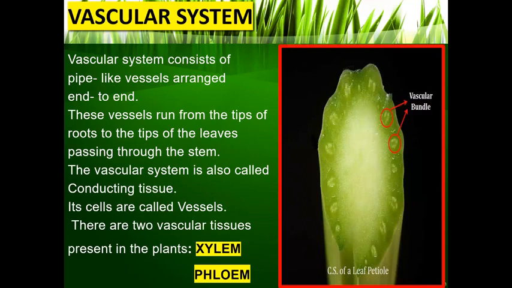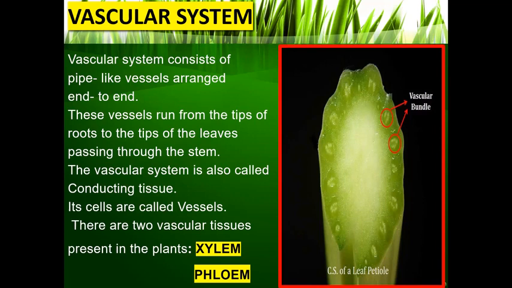Vascular system. Plants have primarily two types of tissues that help transport water, minerals, and nutrients. These tissues together form vascular systems which consist of pipe-like vessels arranged end to end, which make the conducting tissues or vascular tissues.